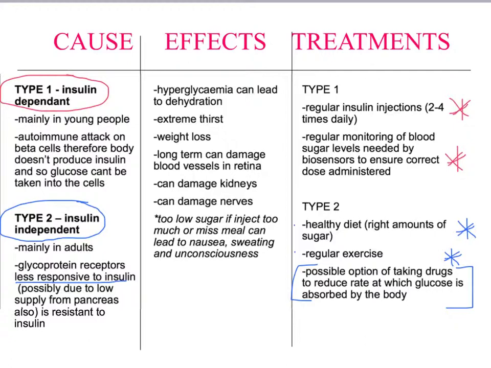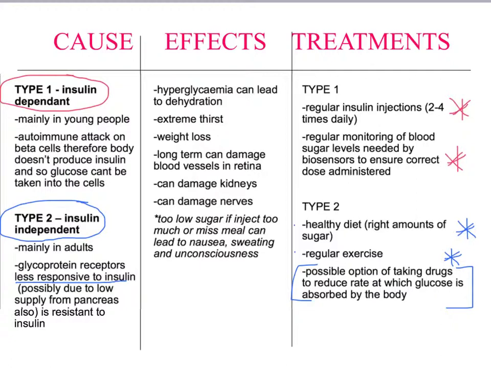Long-term diabetes has a whole range of complications. Blood vessels in the retina can be damaged because of just simply high levels of it. Nephritis or nephrotic disease or kidney disease can occur with poorly controlled diabetes. And peripheral nerves, so the outer nerves essentially, can be damaged through poor blood glucose monitoring.